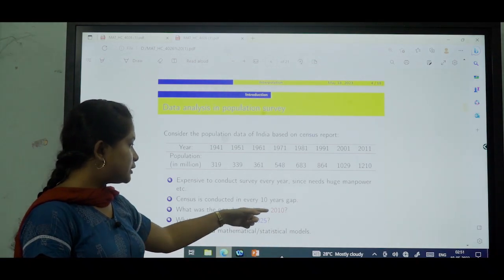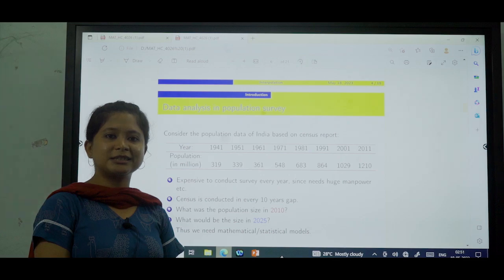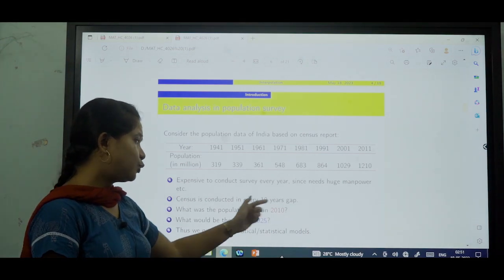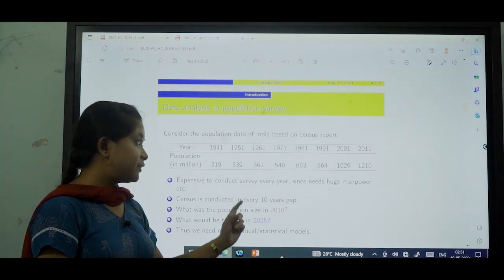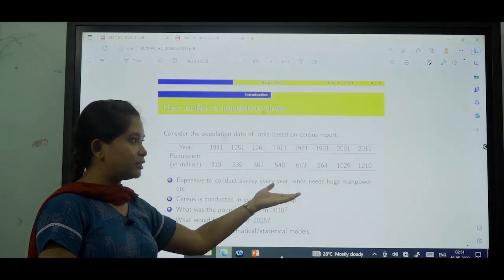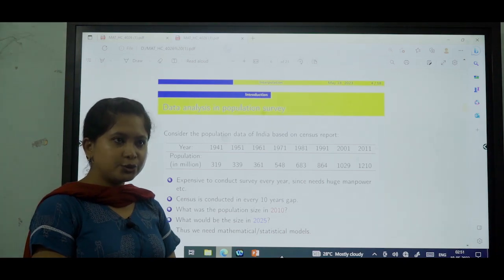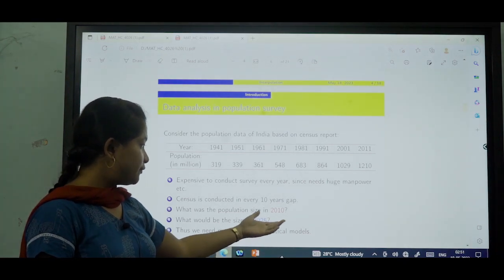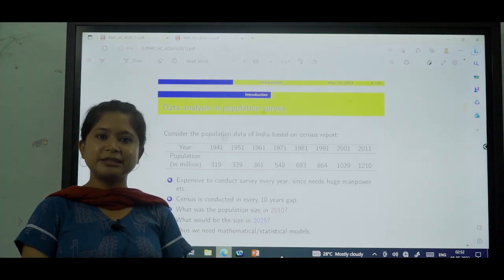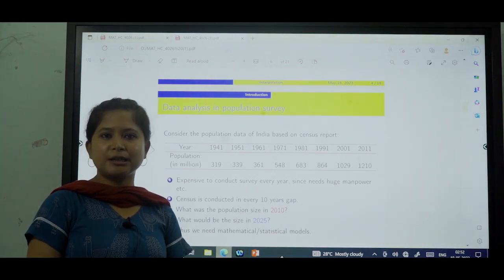But if I come back to the question of what will be the population size in 2010, what will be your answer? Now see, from the graph, 2010 is not mentioned anywhere. Also, if you want to say what the population size in 2010 is, you need mathematical models.